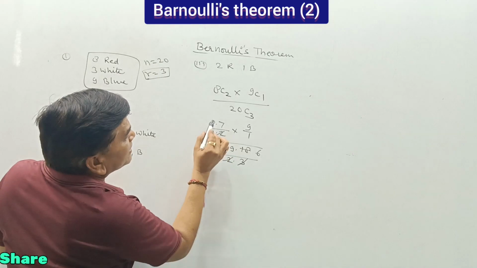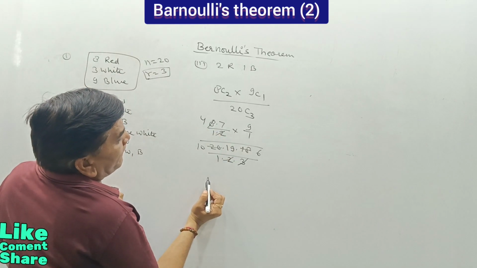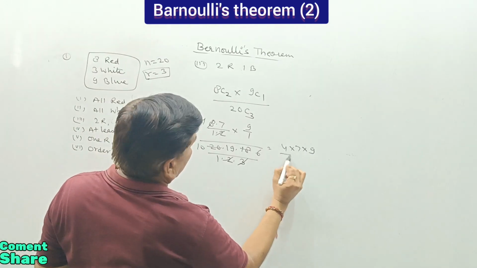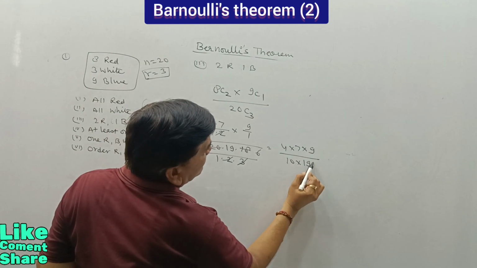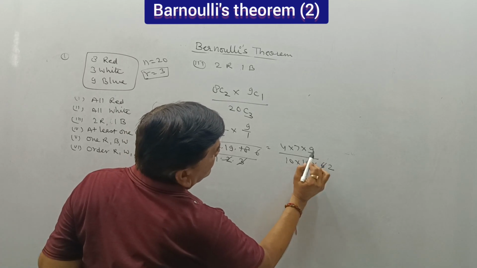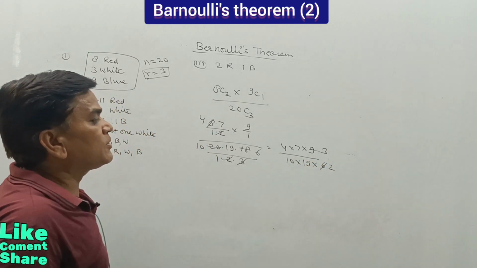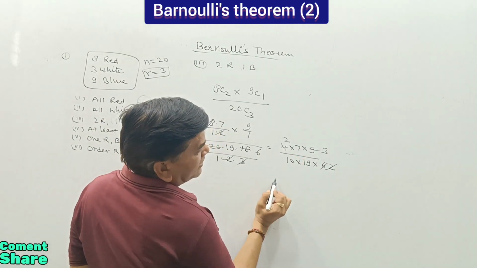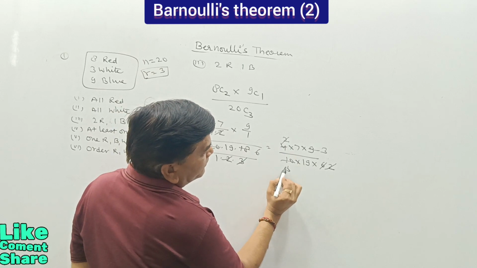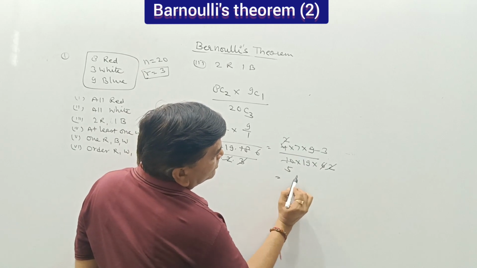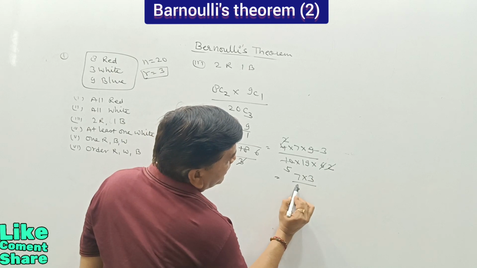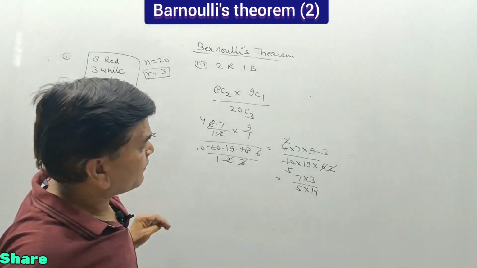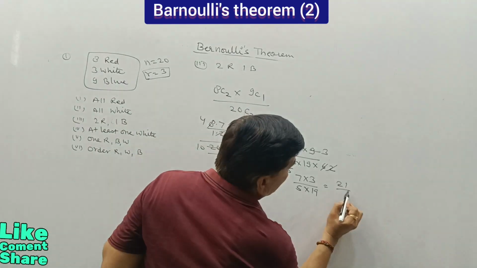This is 10 times, this is 4 times. So 4 multiply 7 multiply 9 divided by 10 multiply 19 multiply 6. Cancelling, 3 twos are 6, 3 threes are 9, 2 fours are 8, 2 twos are 4 and 5. So there will be 7 multiply 3 upon 5 multiply 19, that is 21 upon 85. So the answer will be 21 upon 85.